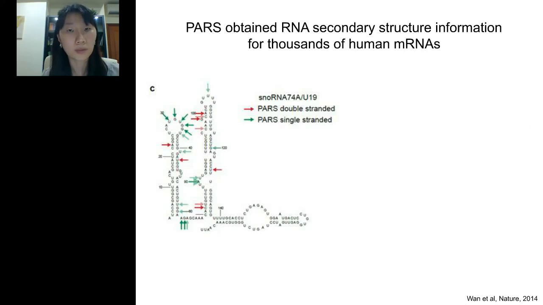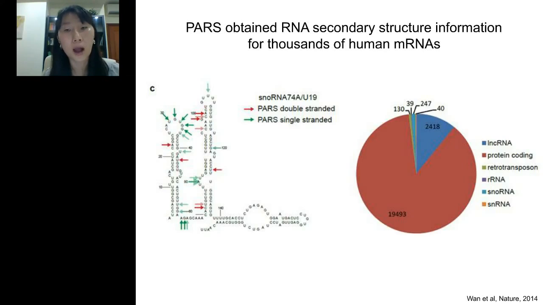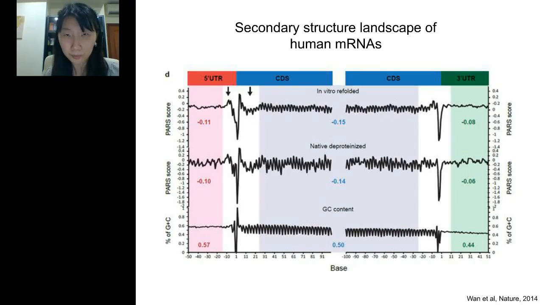Shown here is one of the snoRNAs, and you can see that for the most part the loops are cleaved by the single-strand enzyme, and the stems are cleaved by the double-strand enzyme. Genome-wide RNA structure probing in the human transcriptome identified tens of thousands of mRNAs and a few thousand long non-coding RNAs.